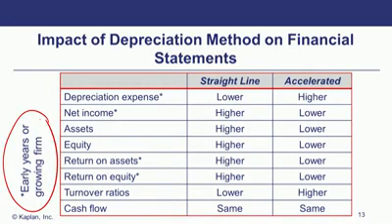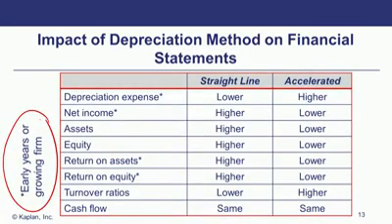Your assets, of course, if there's less depreciation, you've got less accumulated depreciation, and therefore your assets are going to be higher under straight line. Under accelerated, more depreciation, more accumulated depreciation, lower asset value. Now remember, the carrying value of your long-lived assets is essentially historic cost, gross cost, less accumulated depreciation.